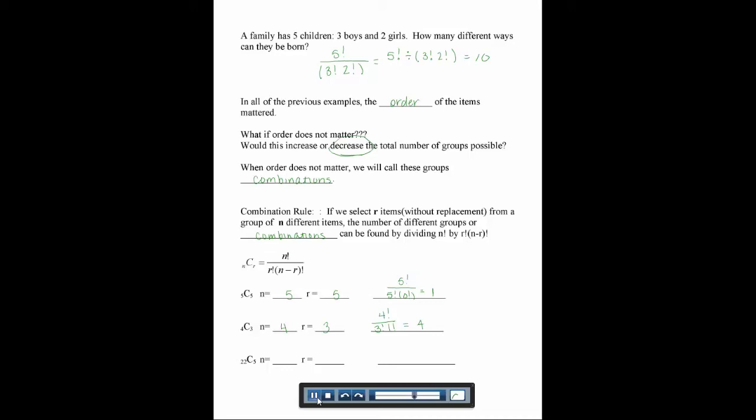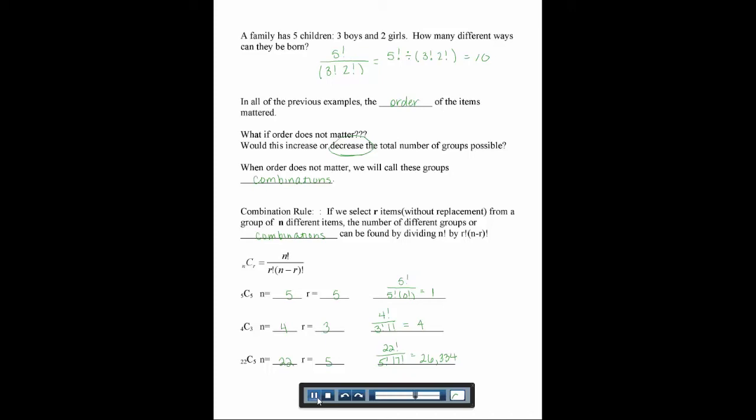And if we have 22C5, we have 22 as our n and 5 as our r. So here we're taking 22 factorial over 5 factorial, 17 factorial. And this gives us 26,334.